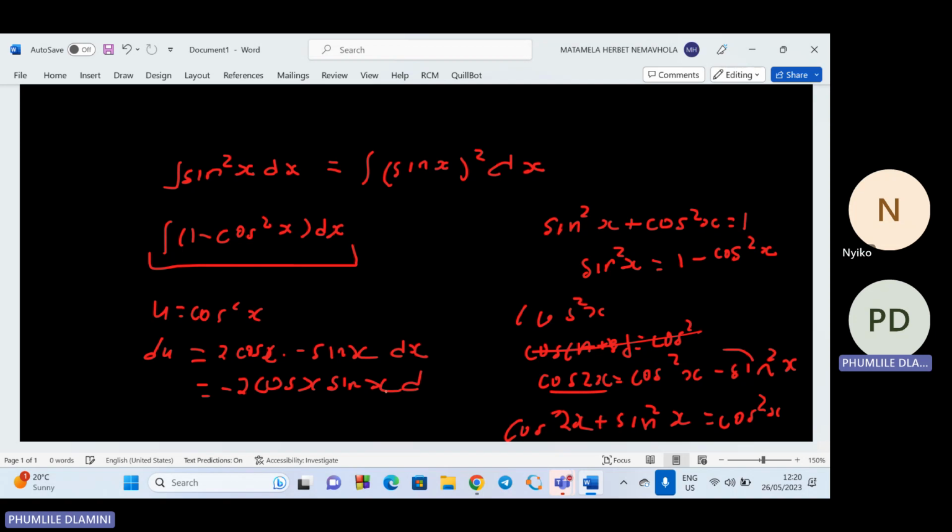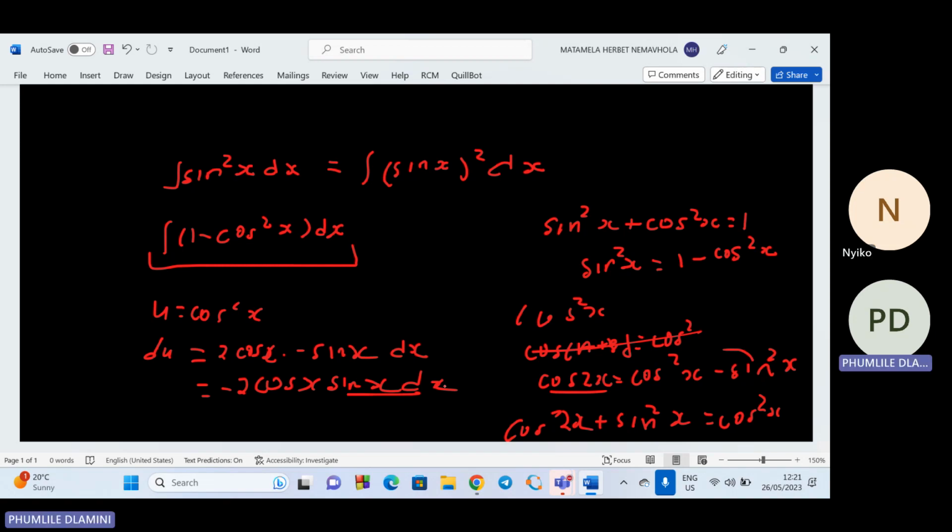And the problem now, if we differentiate in this form, is that we don't have sine x here. It's a good starter, but the problem is that we do not have sine squared x.